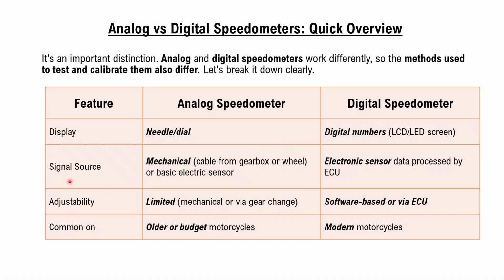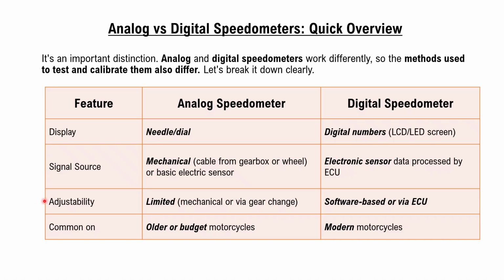In the case of the analog speedometer, the source of the signal is a mechanical device, that is, a combination of a cable from the gearbox or wheel, or a basic electric sensor. And in the case of a digital speedometer, it is electronic sensor data processed by the ECU.